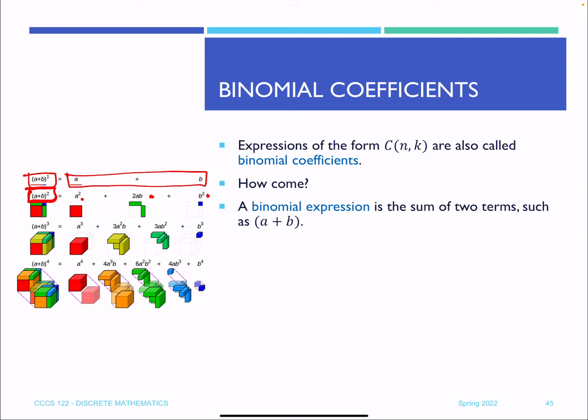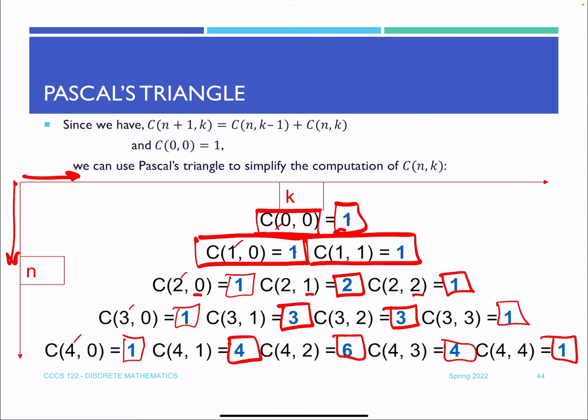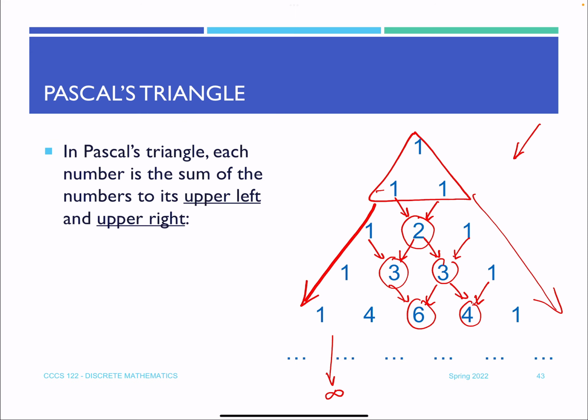Now pay attention to the coefficients in front of these terms over here. We have 1 as the coefficients over here. For the square expansion, we have coefficients 1, 2, 1. And look where we saw that before. 1, 1, 1, 2, 1. And guess what? What comes next? 1, 3, 3, 1.